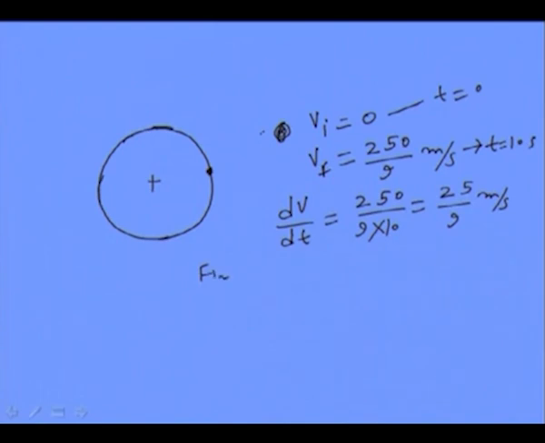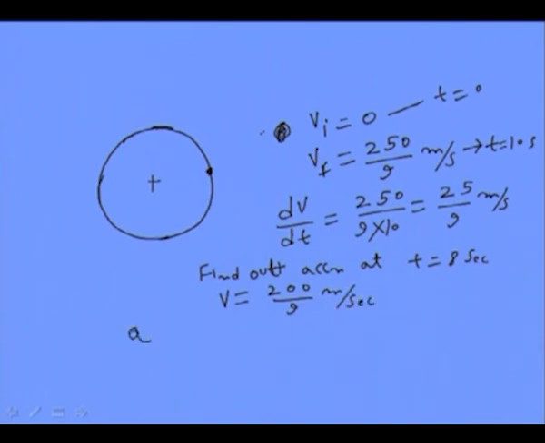That means find out the acceleration at t is equal to 8 seconds. Since the velocity is attaining the value of 250 by 9 in 10 seconds in a uniform manner, the velocity after 8 seconds will be equal to 25 into 8 by 9, that is 200 by 9. So V at that point will be 200 by 9 meter per second.